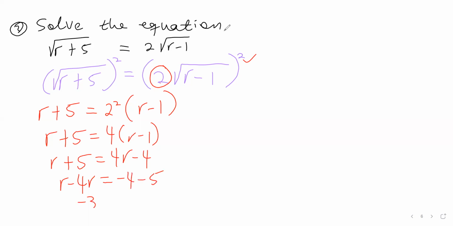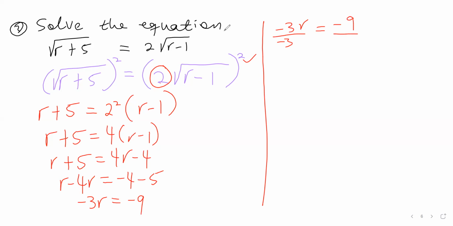Then I'll get minus 3r is equal to negative 9. So how do I get my r? Divide everything by negative 3. So I get negative 3r divided by negative 3 is equal to minus 9 divided by minus 3. Negative goes away, this goes away. r is equal to 9 divided by 3 is 3. So our solution is r equals 3.